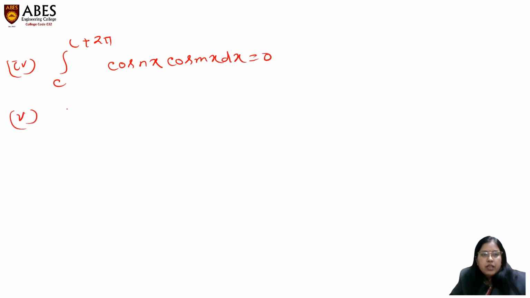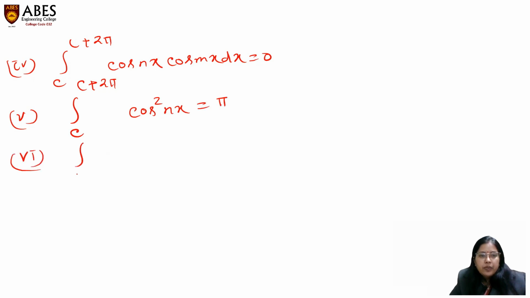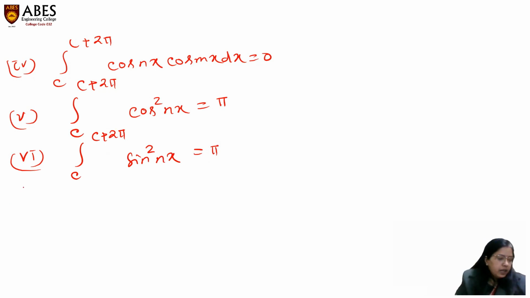And we can also write that the integral from c to c plus 2 pi of cos square nx dx, the value will be equal to pi. You can find out the integration. Similarly, sine square nx, you know how to find out the integration, this value is also equal to pi. Right?